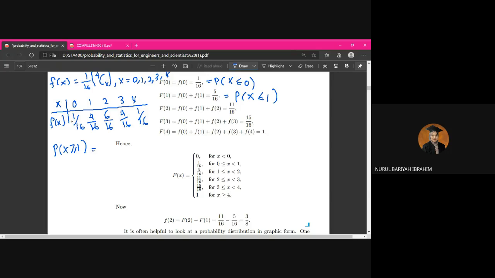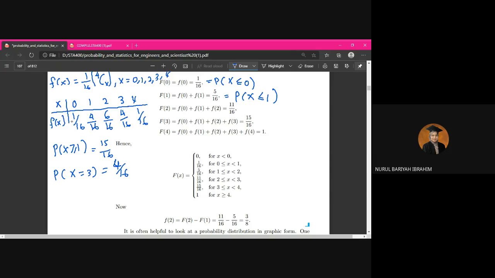So, you just add these 4, you akan dapatlah 15/16. And then, nak cari pula probability of x equal to 3, just boleh ambil daripada table, the answer will be 4/16 contohnya. So kita boleh terus find the probability using the PDF table yang kita ada.